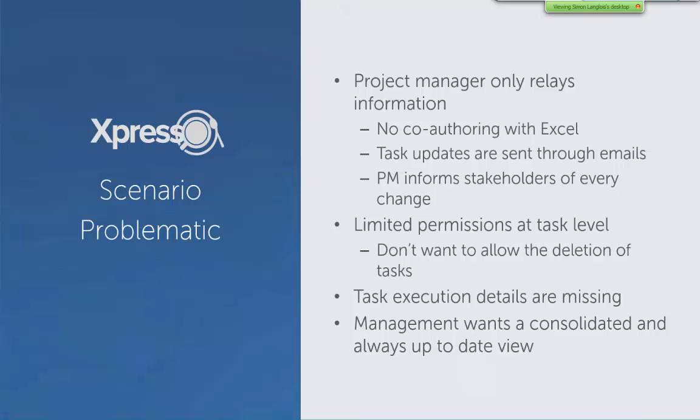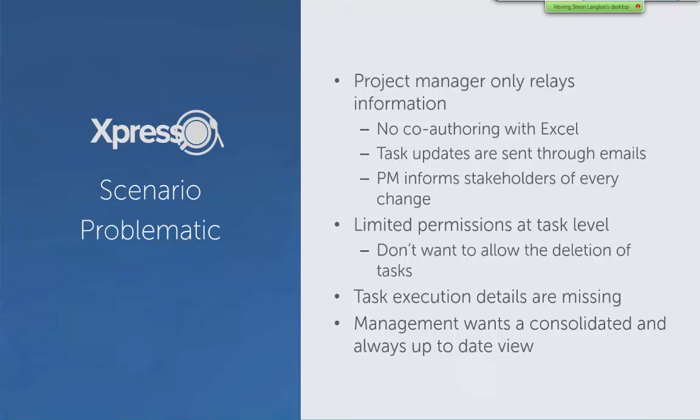Plus, when priorities or deliverables are changing, I always need to inform everyone impacted individually or in small groups by email, like I mentioned. So I shouldn't waste that much time updating this file and the task status. Everyone in the team should be responsible for their own assigned tasks.